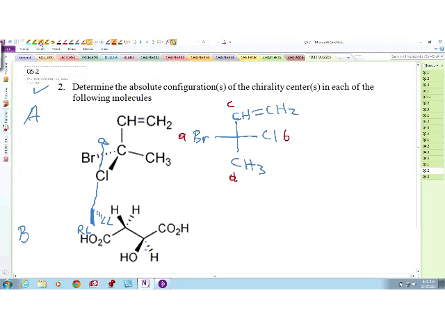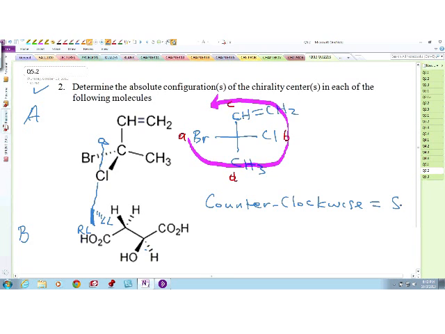Okay, so we make our motion from A to B to C. Ignore group D. And what is our motion? Counterclockwise, which is supposed to be S. Do we need to switch?